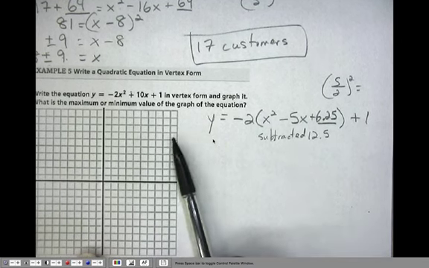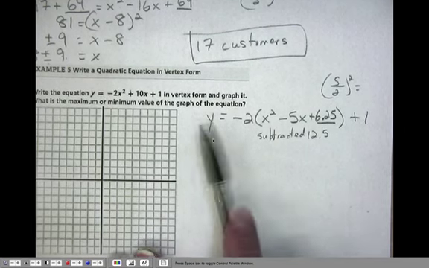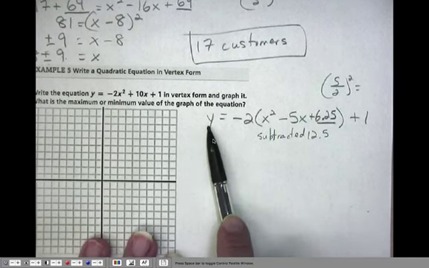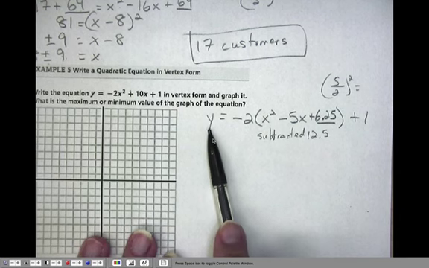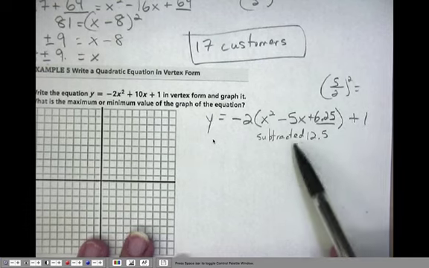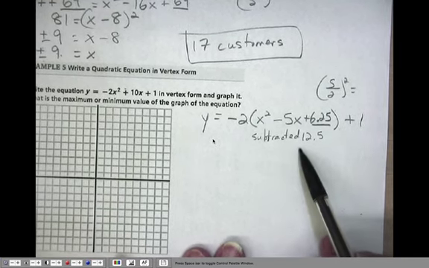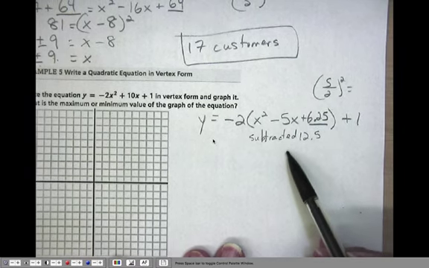Okay, so previously when we were completing the square to solve an equation, whatever I did to one side, I just did on the other side in order to maintain balance. Well, here, since I'm not wanting to add stuff over to this side of the equation, because then I'll just have to bring it over, instead, I'm going to do the opposite. Okay, so what I just did here was to subtract 12.5.